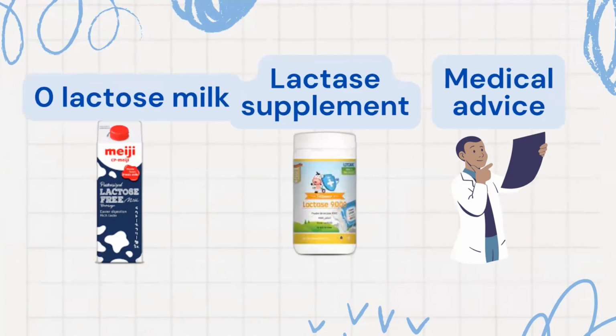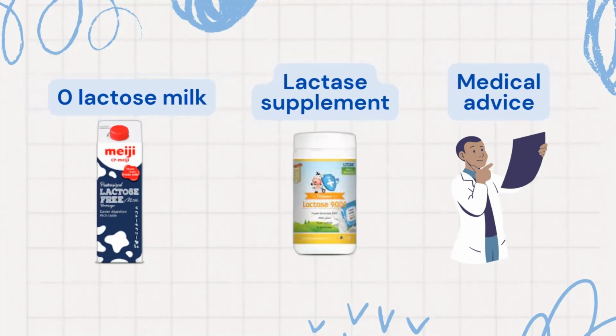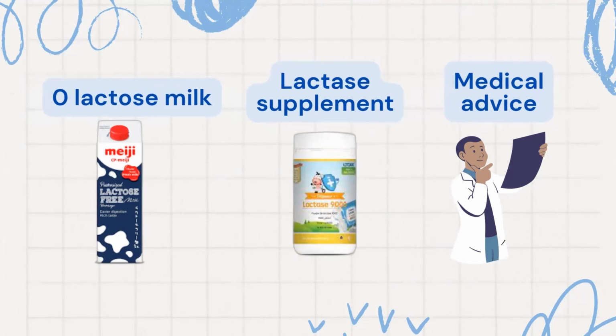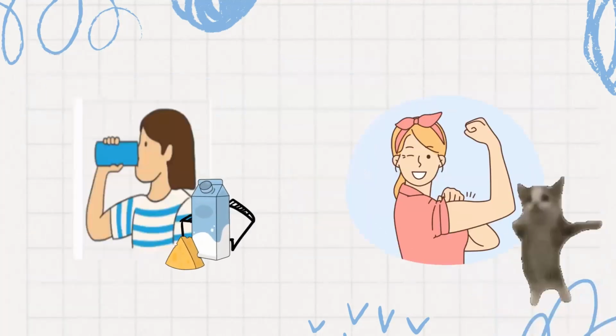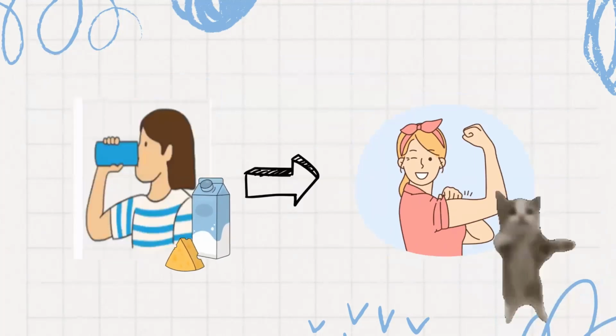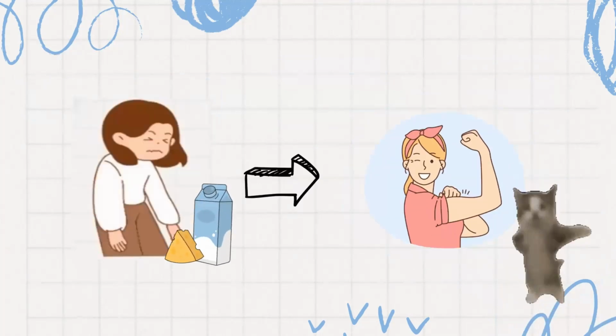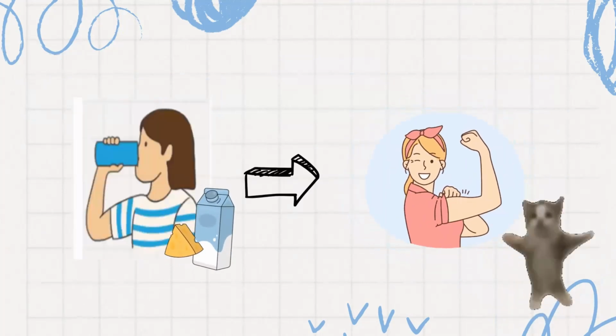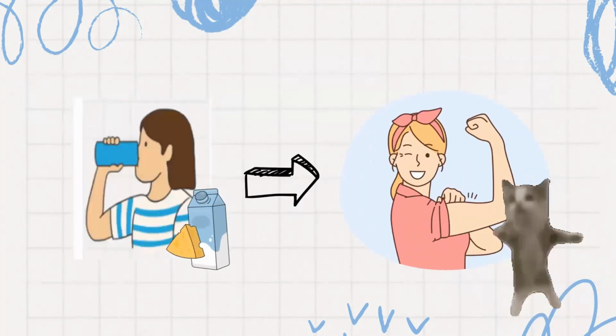Finally, seeking medical advice can also be an important help in addressing lactose intolerance. Under this method, even if there is a lactose intolerance, you can try to drink special milk or eat other food to replace milk to supplement the required nutrients.